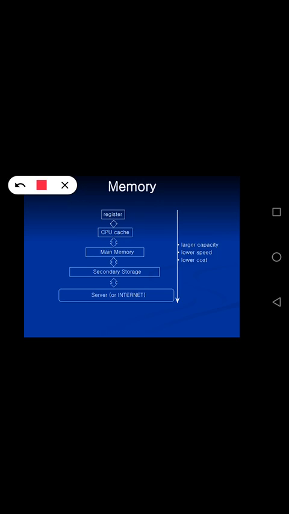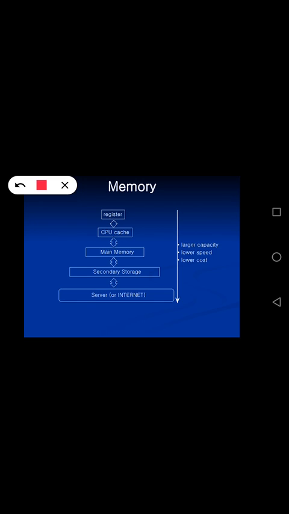So when a processor issues an address, first the OS will verify whether the particular data or instruction is present in registers. If it is not available, then cache memory is verified to see whether the data is present.